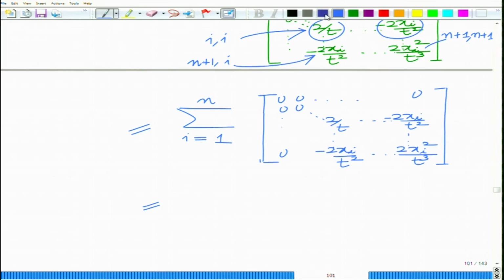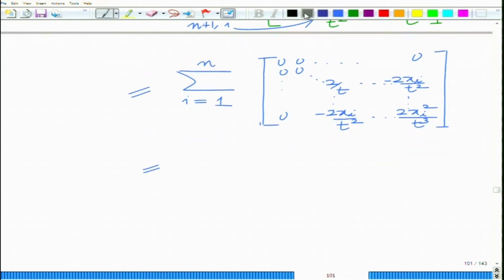And now if I take 2 over t cube as common, this will become very simple.